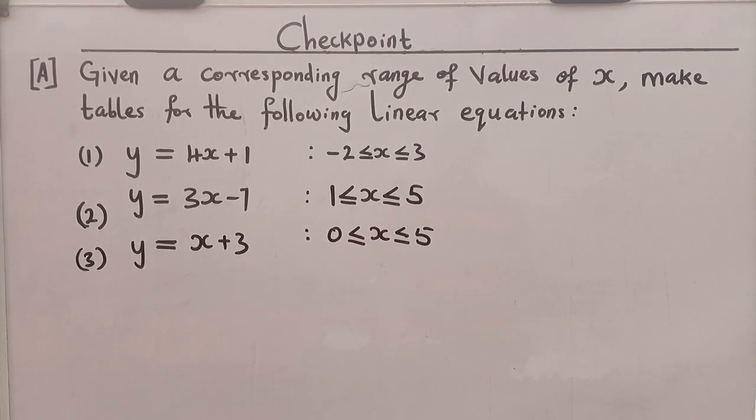And now, checkpoint A, see it on the screen. Given a corresponding range of values of x, make tables for the following linear equations. The first, number 1, y is equal to 4x plus 1 for this range of values of x, that is, -2 is less than or equal to x, and x is less than or equal to 3.